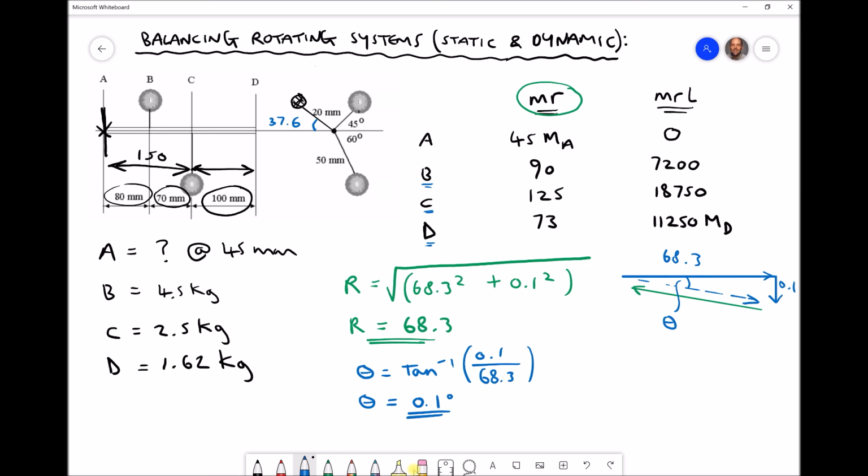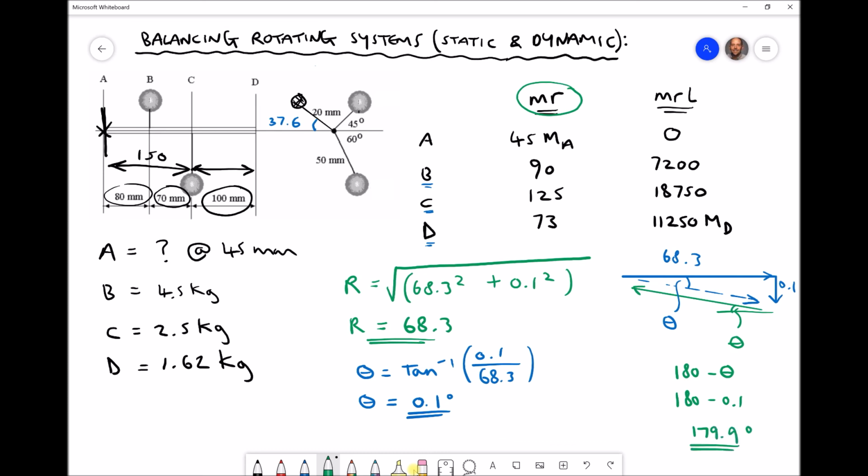So we can see that the resultant is almost horizontal, acting left to right with a bearing of 0. Therefore our equilibrium then, and again just for completeness, our angle of our equilibrium here is also going to be theta. Therefore the bearing, reading from 3 o'clock and anti-clockwise, is going to be 180 minus theta, or in this case 180 minus 0.1, giving us a bearing of 179.9 degrees.